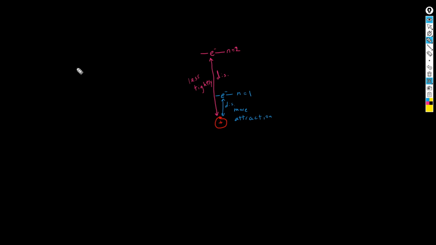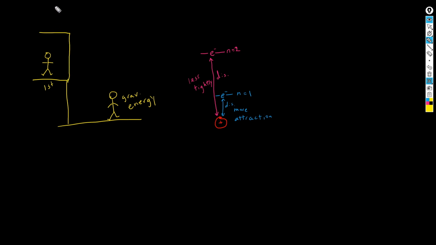So for example, if you were standing on the ground floor of a building, you have less gravitational energy than if you were on, let's say, the first floor, or even if you were on the second floor. So gravitational energy is going to go up the farther up you go.